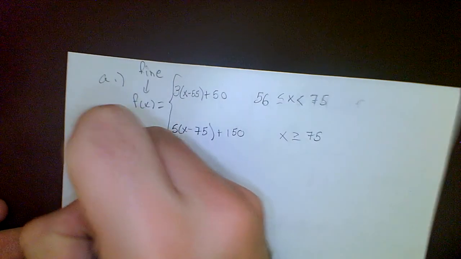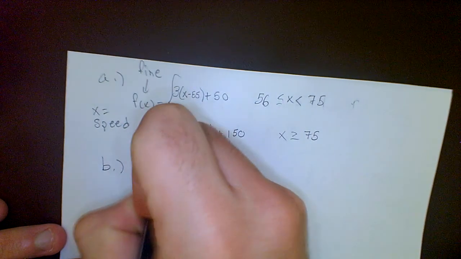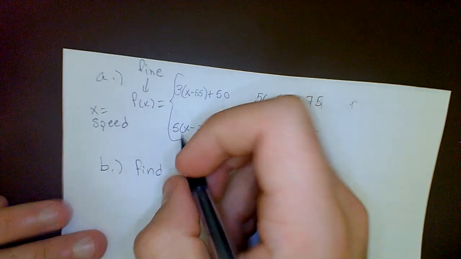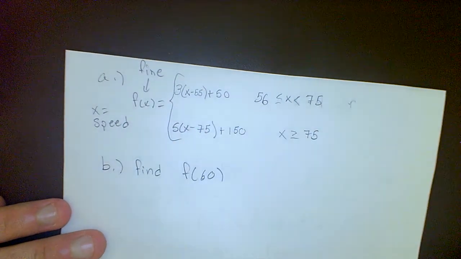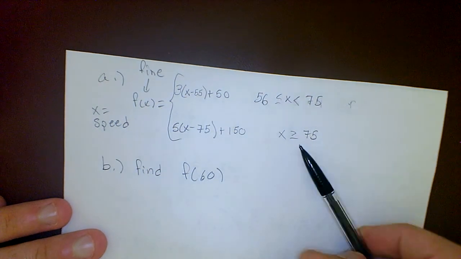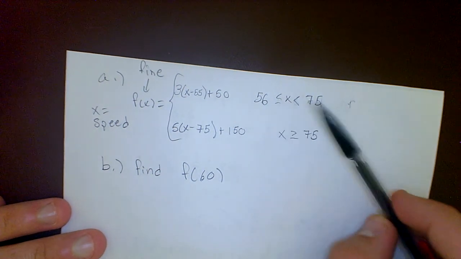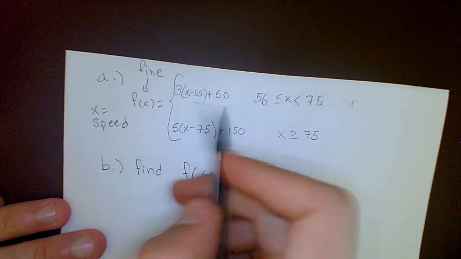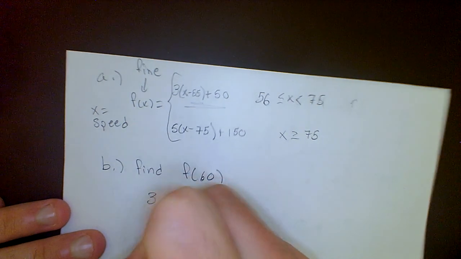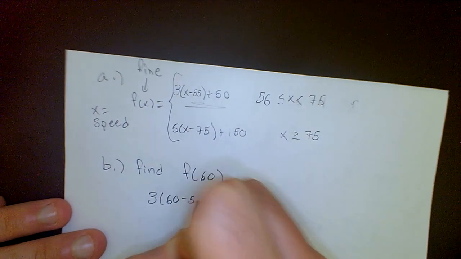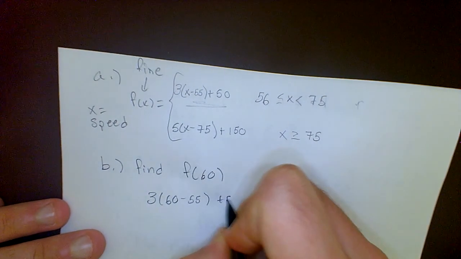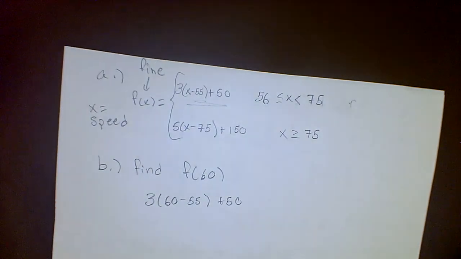Part B was find f of 60. So, is 60 in this interval or this interval? Well, 60 is in between 56 and 75, so we're going to use this definition here. So it's 3 times (60 minus 55) plus 50. You probably could have answered part B just by noting I'm going 5 miles per hour over 55.